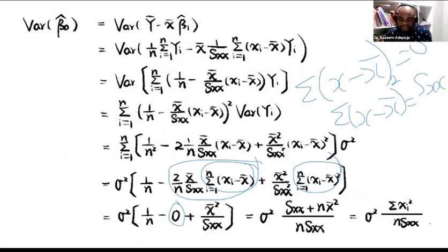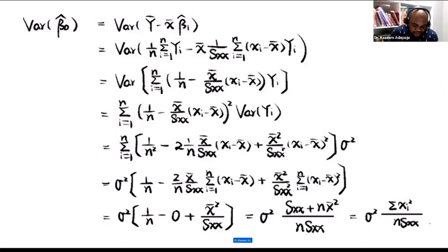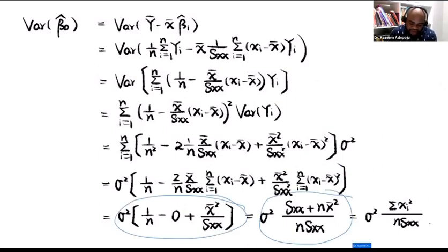And don't forget, there's an Sxx squared here, so that is going to cancel one of that. That's how we got this. Finally, when you simplify, you're going to find yourself here. So the variance of beta naught cap is now sigma squared times the summation of x squared divided by n Sxx. This is how the variance of beta naught cap is derived.